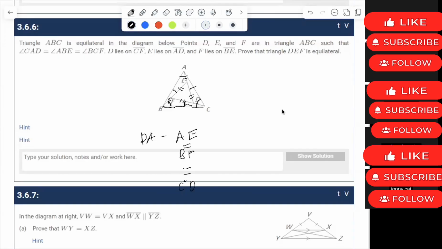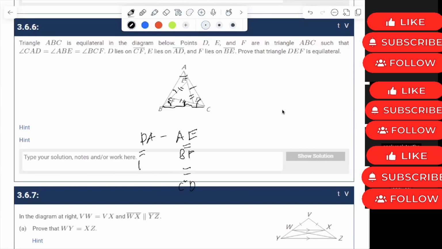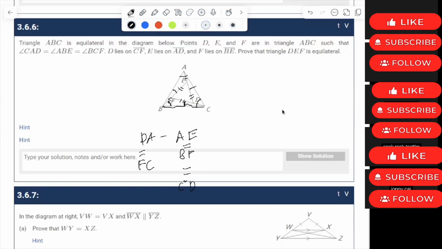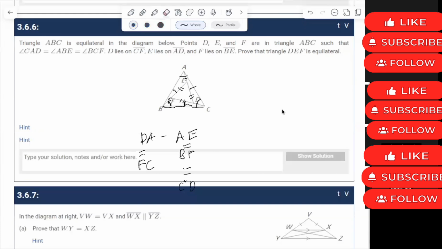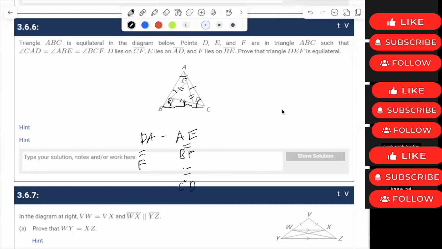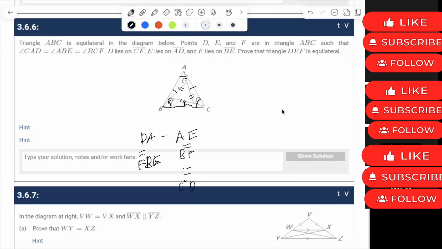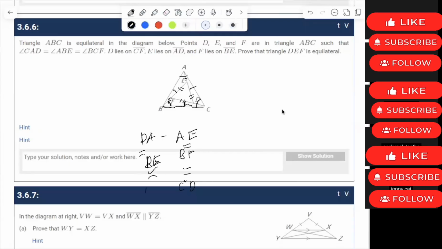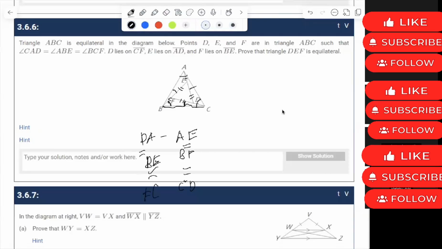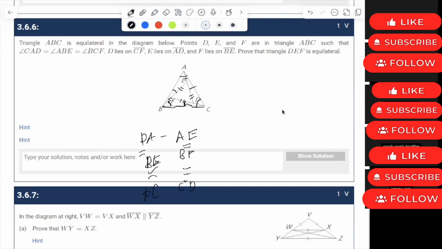We can do the same exact thing: DA is equal to FC. Oh, it should be equal to FE. Yeah, my bad. I meant B, is equal to B, which is also equal to FC. And there you have it. That's how you prove it.